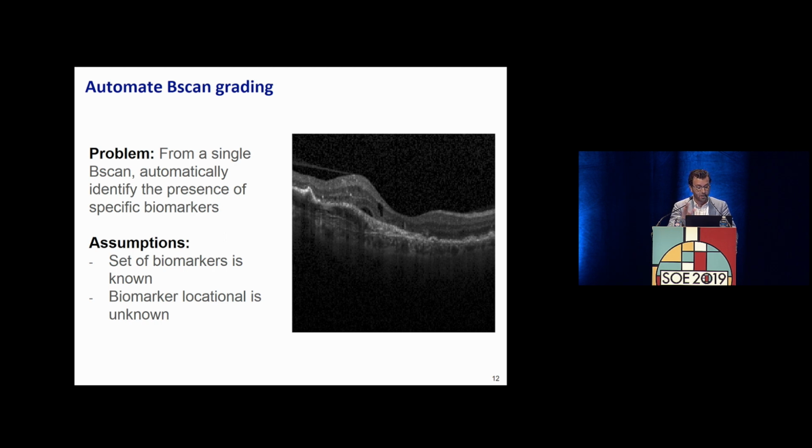In our case, we have 10 of them, I'll show them in a bit, 11 actually, sorry. And above all, we don't want to specify where they are, okay? Because to teach our method how and where these locations are would imply having to delineate these biomarkers, which is very time-consuming.